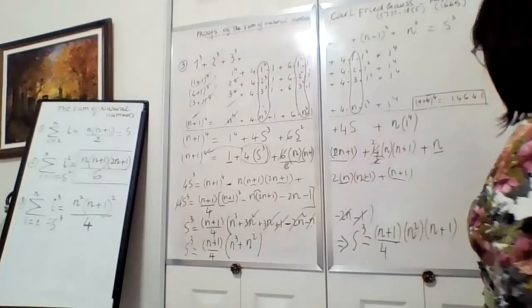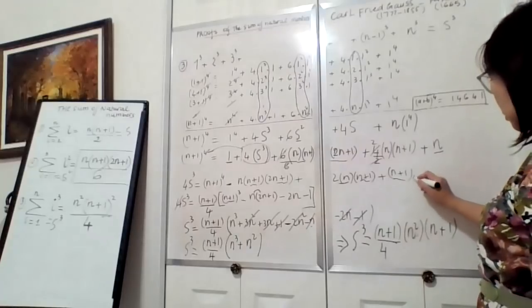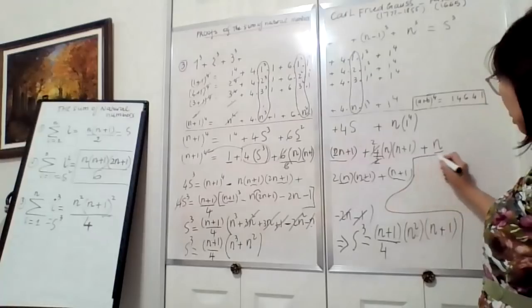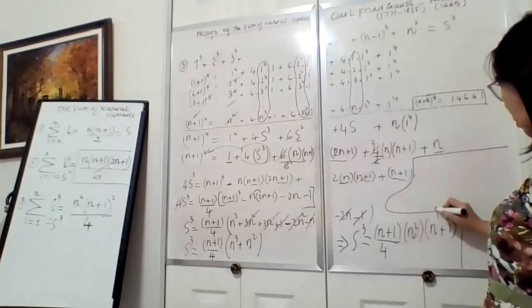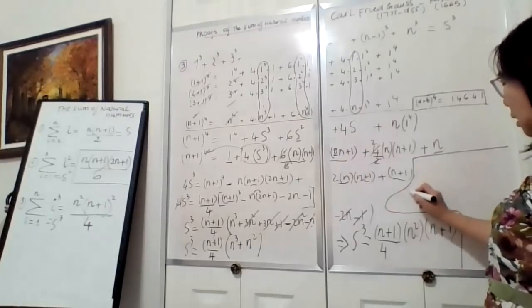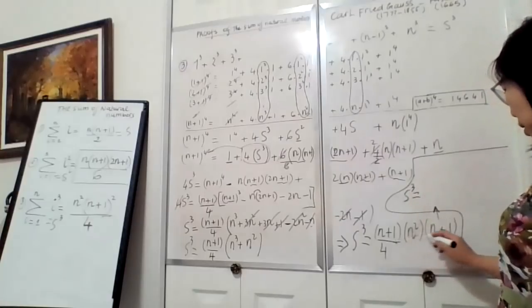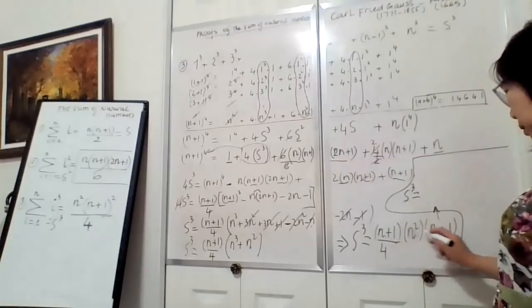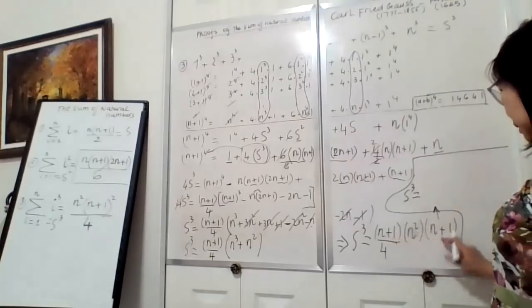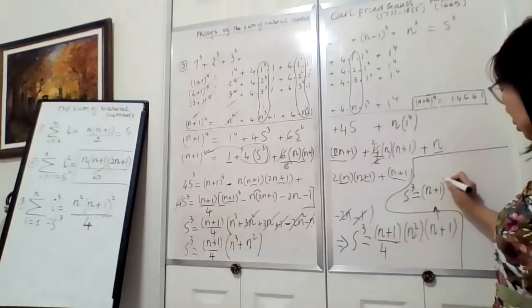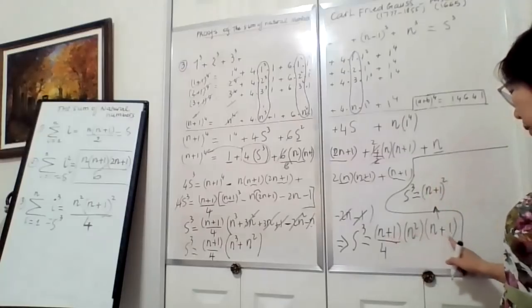Okay, so now let's see what happened. I'm going to put it here, go up here, right? I will have S to the power 3 equal, I have two of this, so I'm going to combine this guy and this guy. So I make n plus 1 squared, because I have two of them, right?